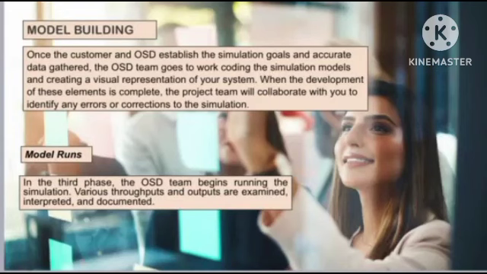Next is model building. Once the customers and OSD establish the simulation goals and accurate data is gathered, the OSD team goes to work coding the simulation models and creating a visual representation of your system. When the development of these elements is complete, the project team will collaborate with you to identify any errors or corrections of simulations.